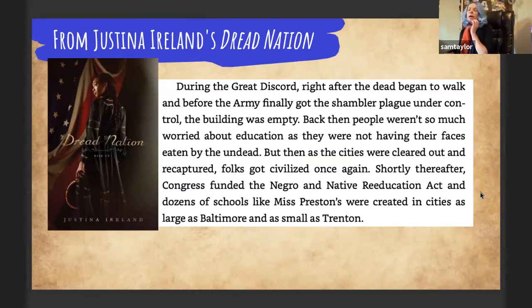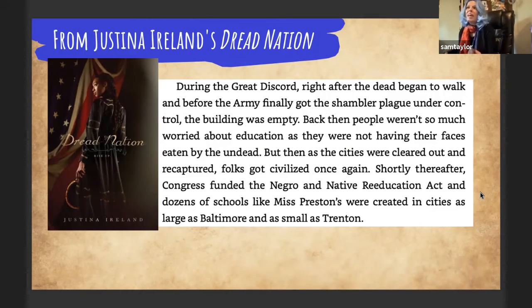An example of a story that does an amazing job presenting historical background for the world that it's creating is Justina Ireland's Dread Nation. This book is set in an alternate post-Civil War America.